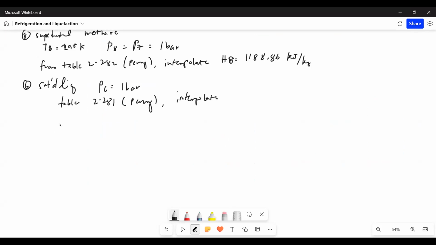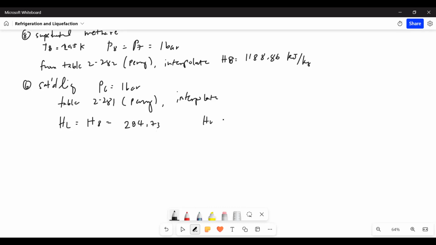Let's label that as HL equal to H6 for the liquid, 284, or in Perry it's HF, but let's use HL, kilojoules per kilogram.